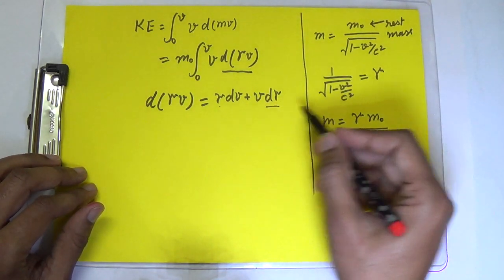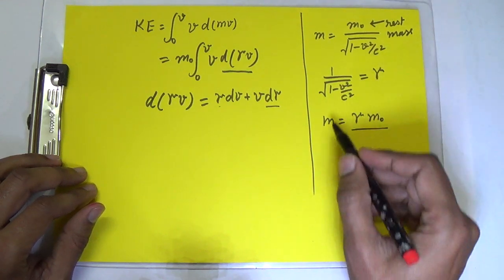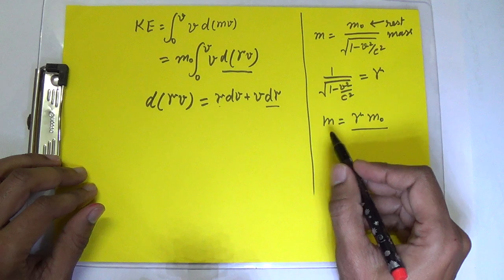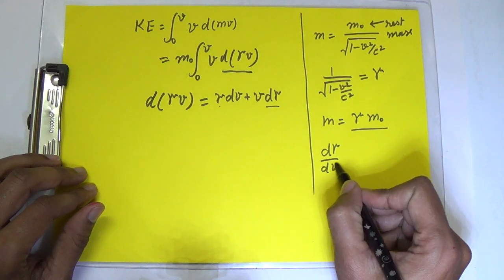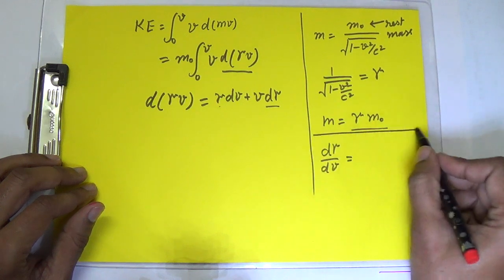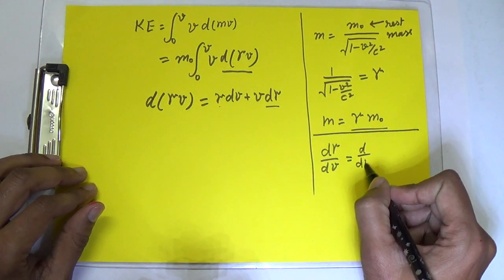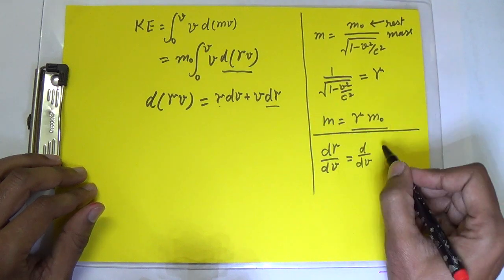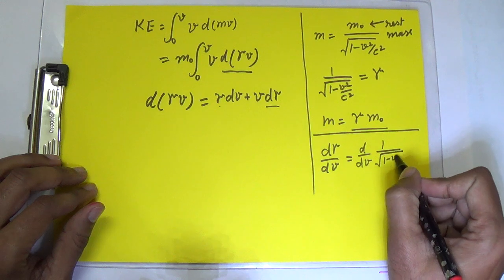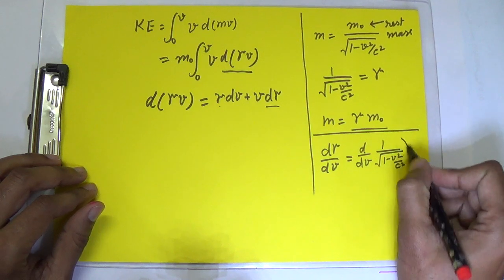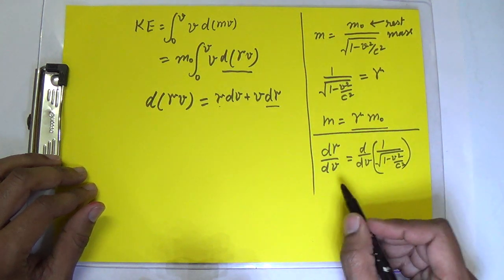This is the simple case, but now we have to solve this d gamma. That d gamma comes from here. Gamma is a function of v, so first we will differentiate this. We have to find d gamma upon dv, and that will be d upon dv of 1 upon the square root of 1 minus v square upon c square. So we have to differentiate this one.